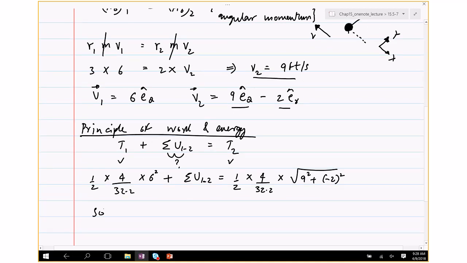So solving this gives me U12, the work done, which equals 3.04 foot-pounds.